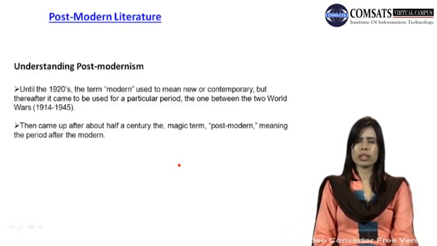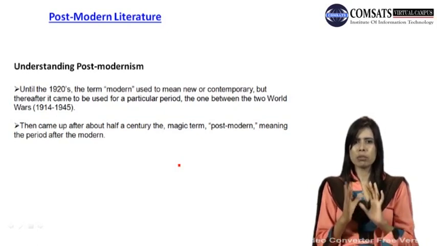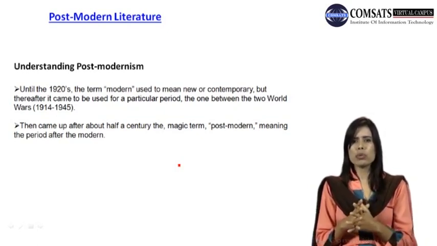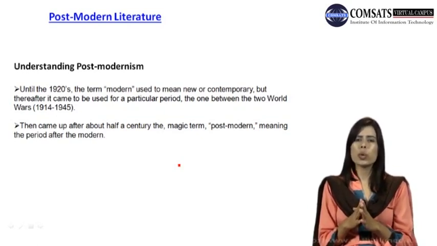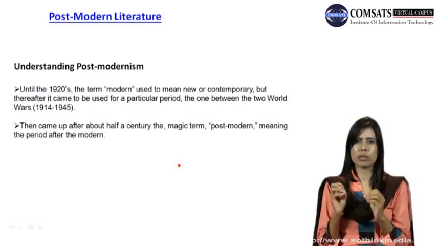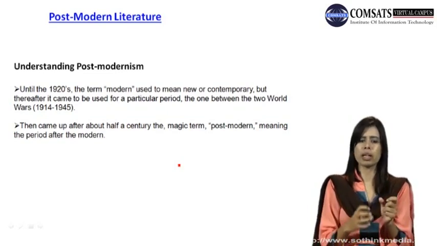Postmodern literature is very much important, and this comes right after modern literature. First of all, I want you to understand what is basically the concept behind the word postmodernism.